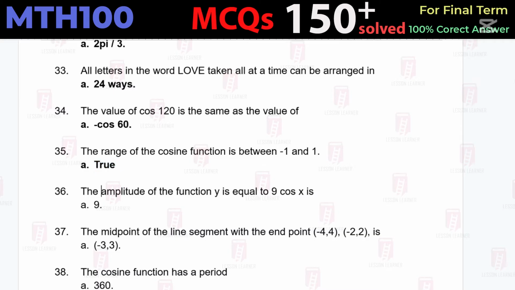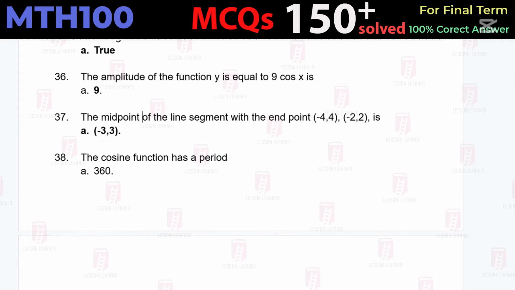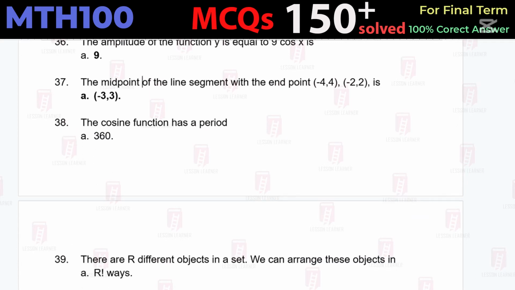The amplitude of the function y equals 9 cos x is 9. The midpoint of the line segment with the points (-4, 4) and (-2, 2) is (-3, 3). I calculated this through the midpoint formula and wrote it here. The cosine function has a period of 360.